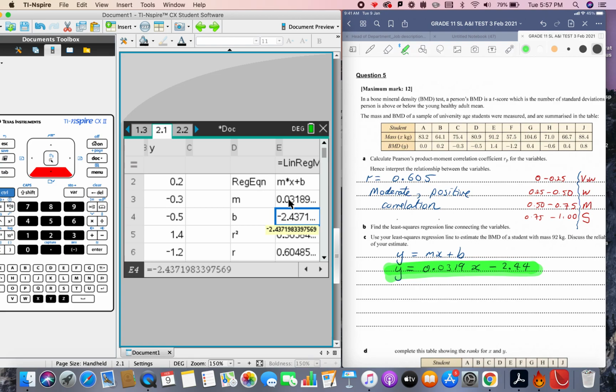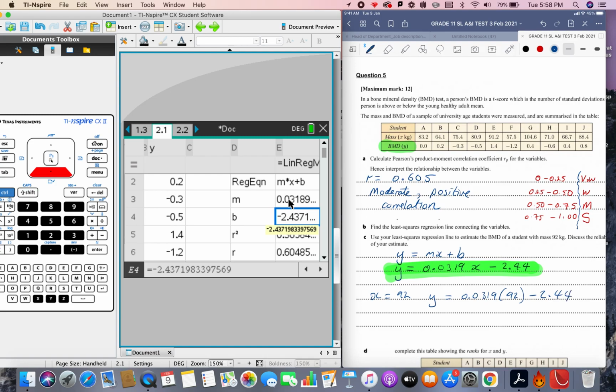Use your least squares regression to estimate BMD. Now remember, BMD is Y, when we have a mass of 92. So we are just going to use this: when x equals 92, y equals 0.0319 times 92 minus 2.44.